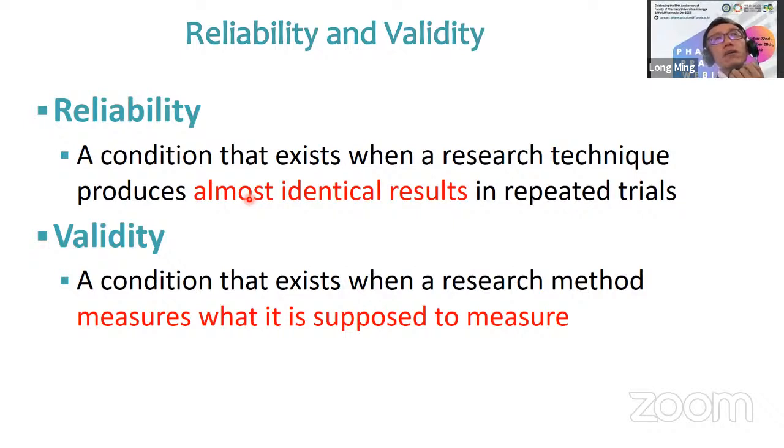Okay, if it's conducted in country A and country B, for example, they have 92% efficacy, then country B has like 91. Okay. Valid means it's accurate. It measures what it is supposed to measure. Okay.